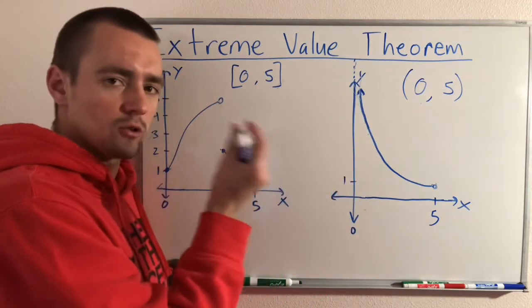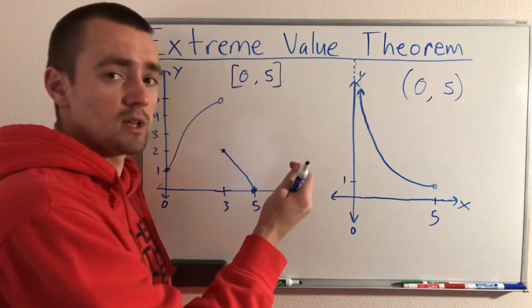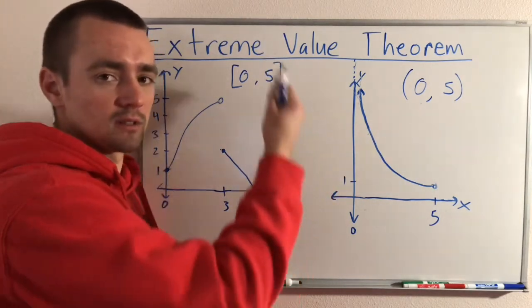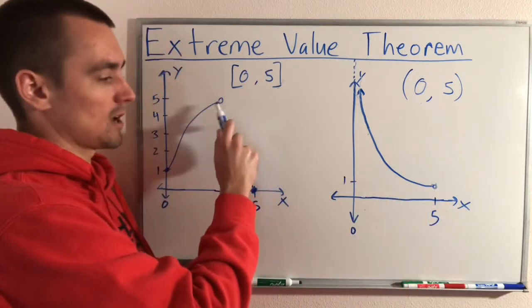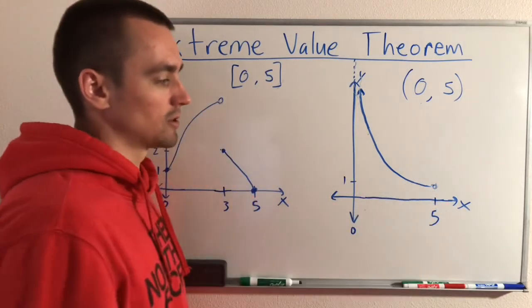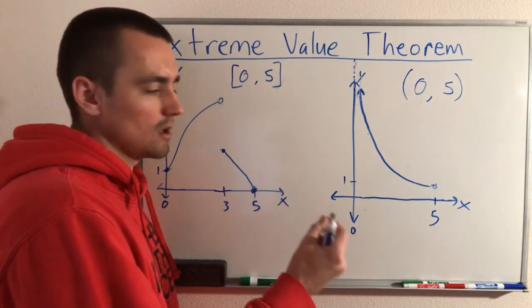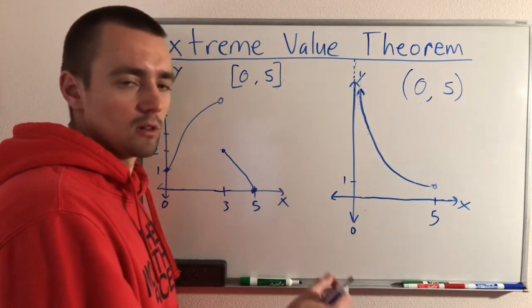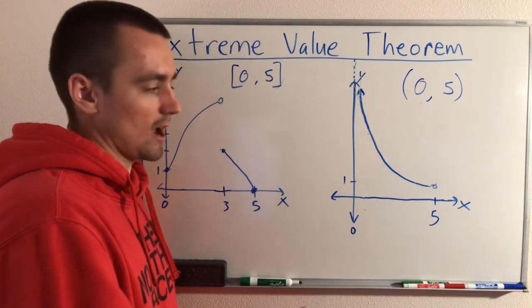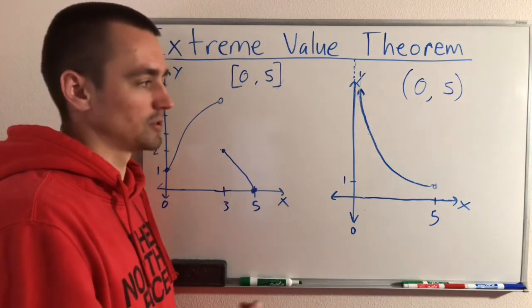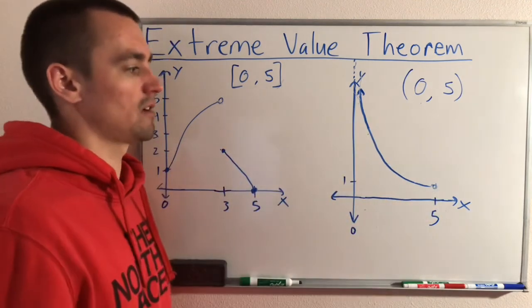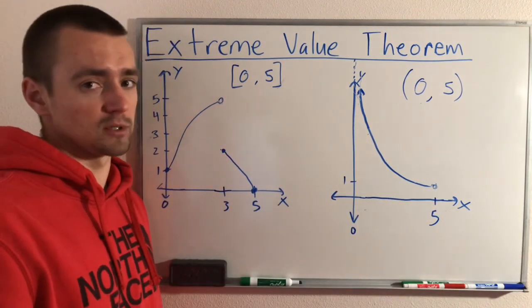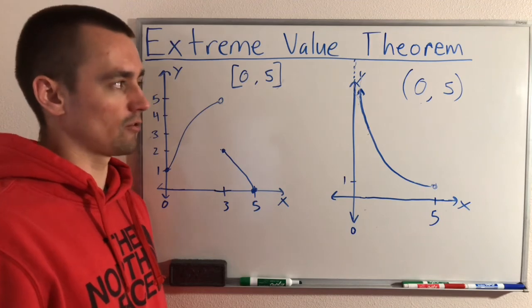If we keep getting a little bit closer to zero, there's always going to be some output of our function that's a little bit higher to the left. And then same idea over here. As we keep getting closer and closer to 5, there's always going to be some value that's a little bit lower than whatever output we're at as we get closer and closer to that x value of 5. So this actually isn't going to have an absolute minimum or an absolute maximum within the domain 0 to 5.